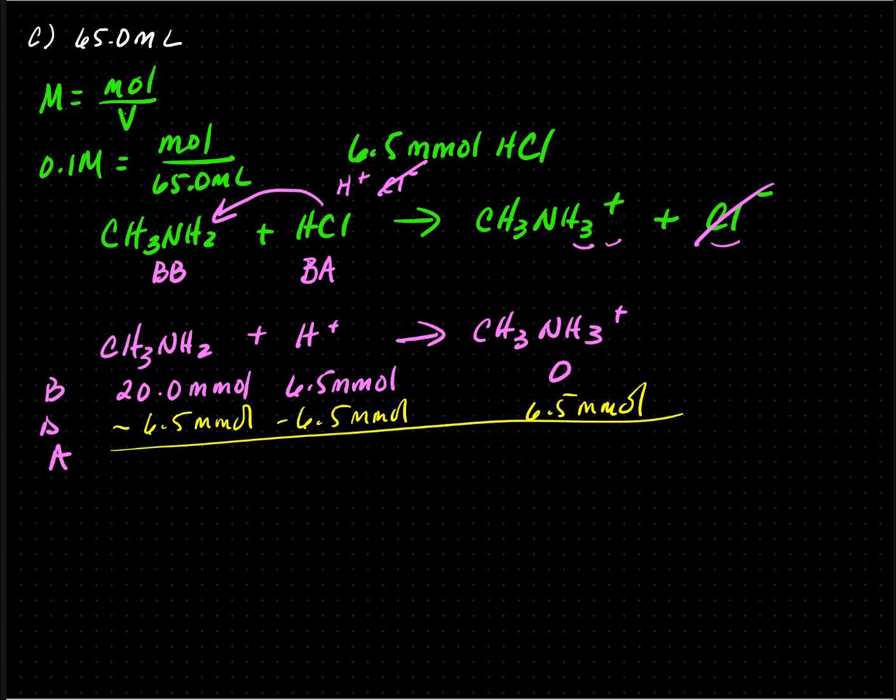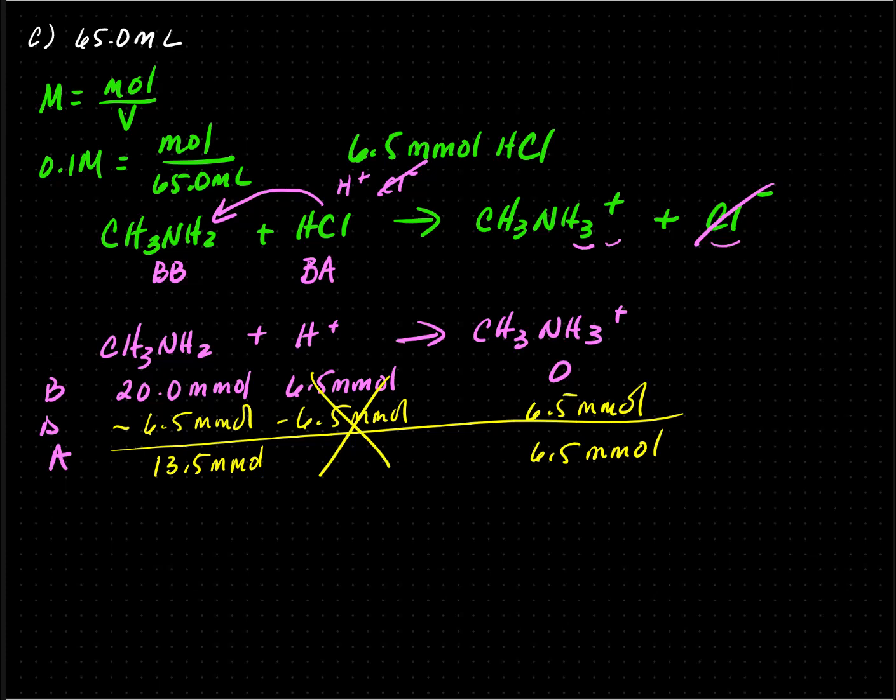After is the addition of the two: this becomes 13.5 millimoles, and there's none for the H plus. The product side is 6.5 millimoles. So here we have the weak base and its conjugate present.